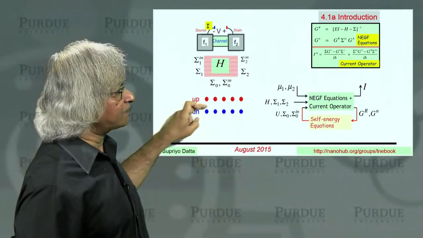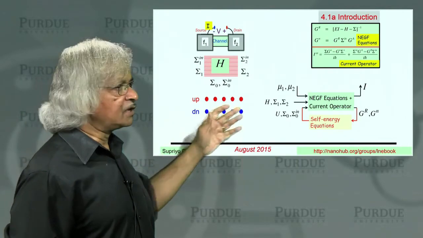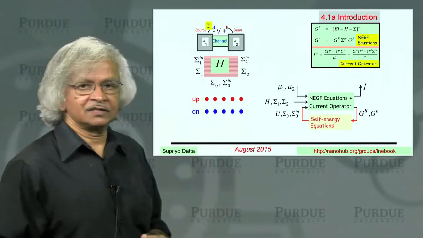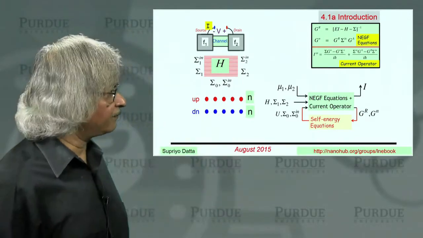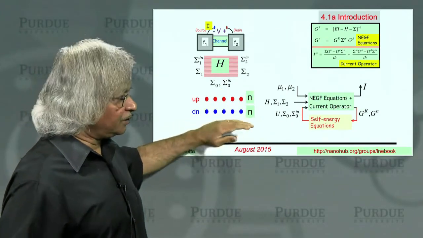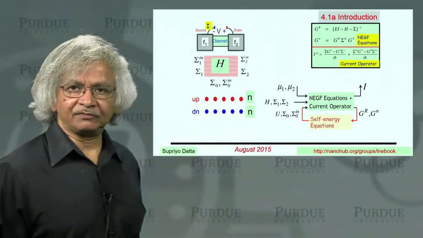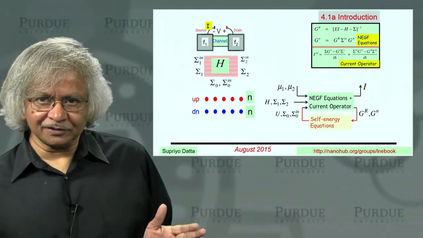For every upspin basis function, there's a corresponding downspin basis function. So now you would have 10 basis functions, and so the matrices would be 10 by 10 rather than 5 by 5. So if it was n basis functions to start with, when you include spin, it's 2n basis functions. So in that sense, mathematically, that's about all that happens.